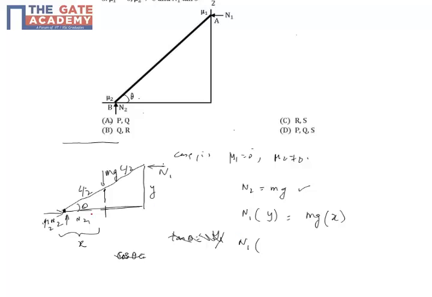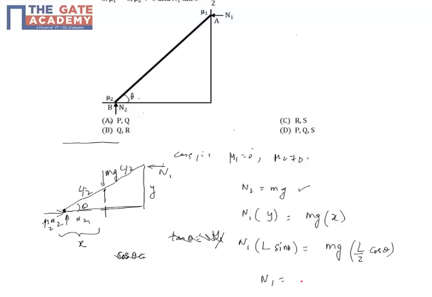Y is nothing but L sine theta. X is L by 2 times cos theta, since this is L by 2 and this is L by 2.